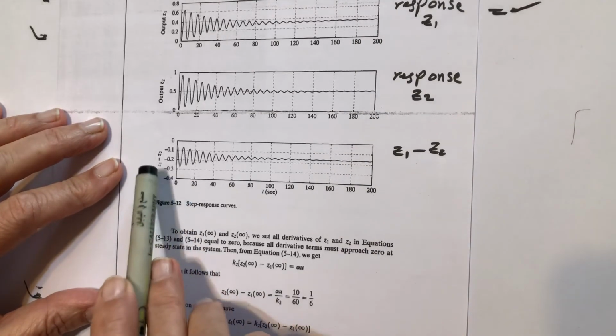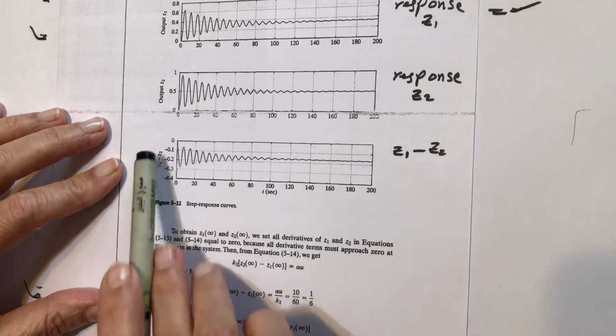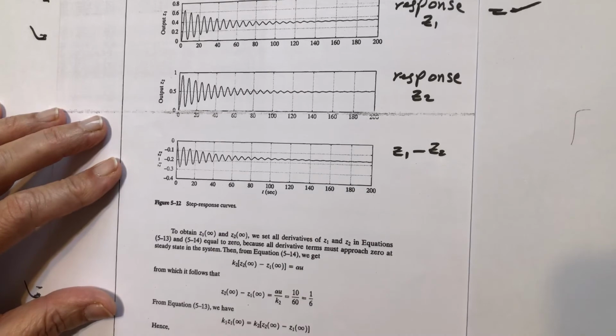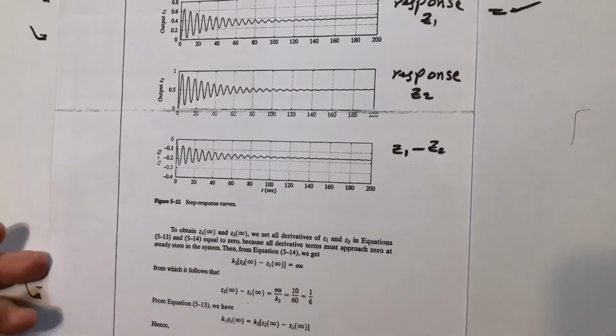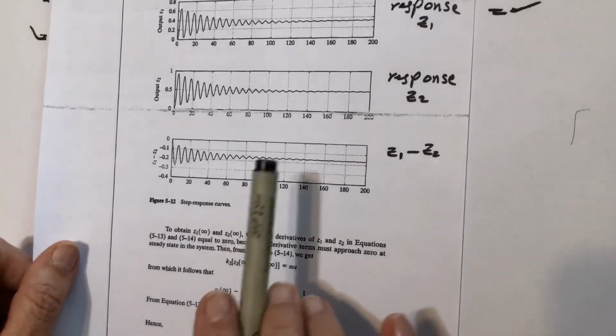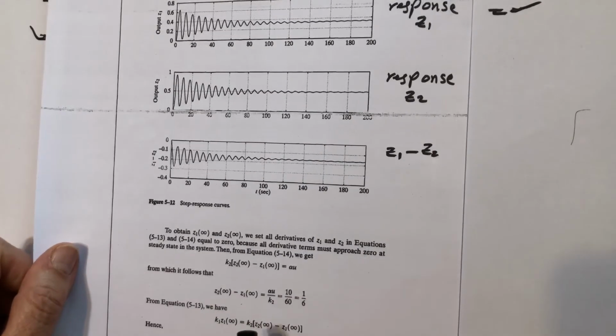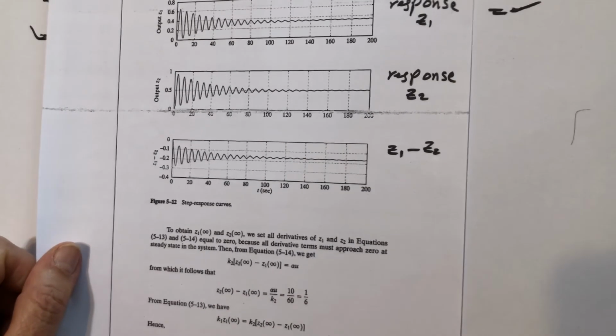So that will be a negative value for Z1 minus Z2 at steady state. Okay. So try this program and see what the responses are, and send me your results, please. Okay, this is done.